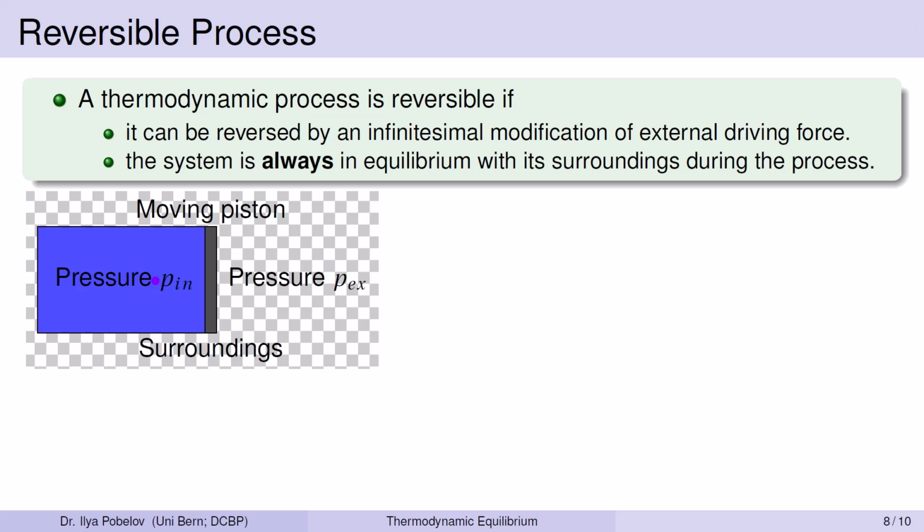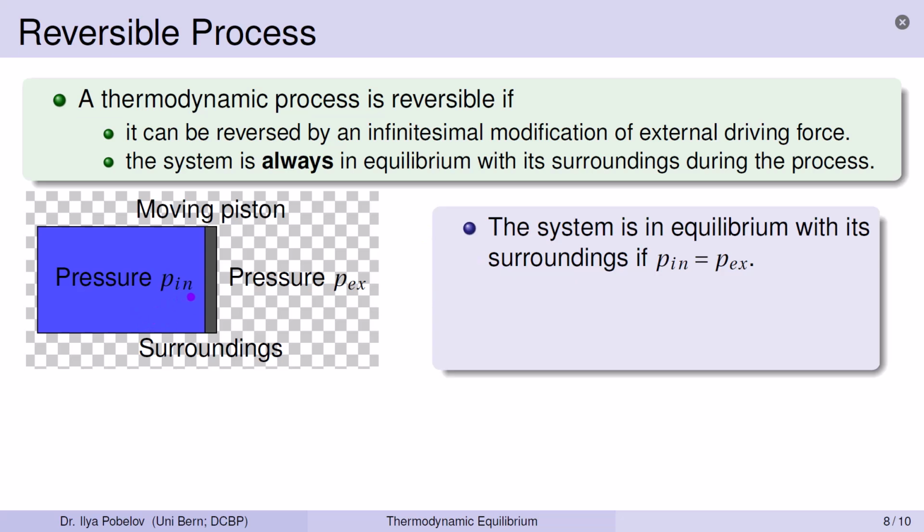Consider a gas held inside a container equipped with a moving piston. If the external pressure, denoted as Pex, equals the pressure of the gas, or internal pressure Pin, the system locks itself in mechanical equilibrium with the surroundings. Even though the piston can move, opposing forces balance it out, keeping it stationary.